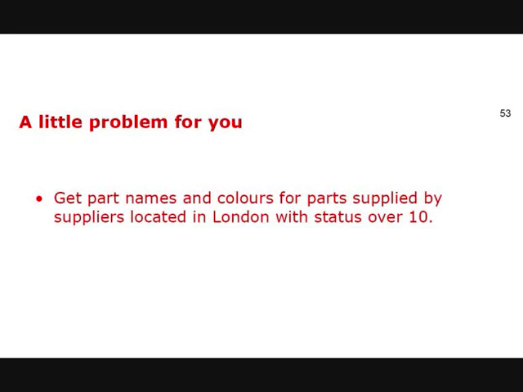So now I have the name of the suppliers who are not supplying any parts in temp 7, and here I have the name of the suppliers who are located in London. So I can put them together with what? Union. Exactly.